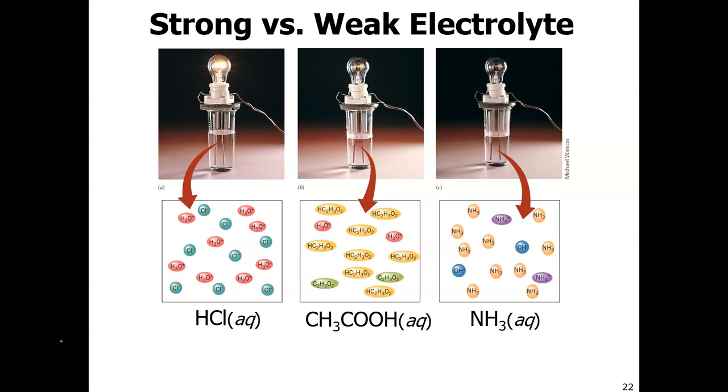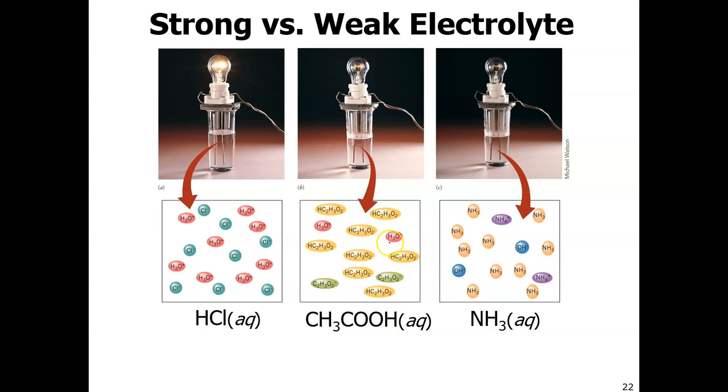Strong versus weak electrolytes can tell us something about the state of the compound that we're dissolving in our water. Hydrochloric acid is going to be a really strong electrolyte, which means that it falls apart very readily in solution. When we look at something like this acetic acid, or the ammonia here, these are weak electrolytes, and it tells us that they like to stay more as molecules, but sometimes one of these hydrogens on here acts more like an acid, and it's going to donate that proton to water.